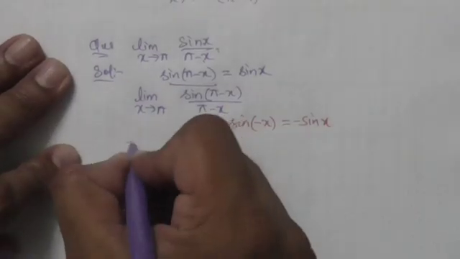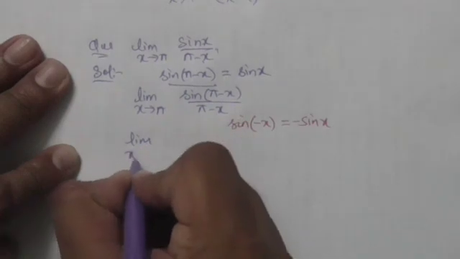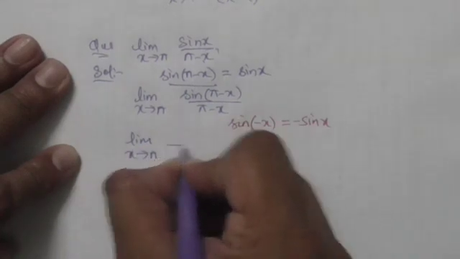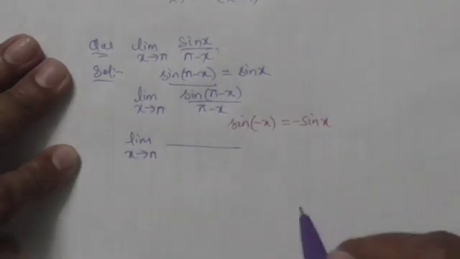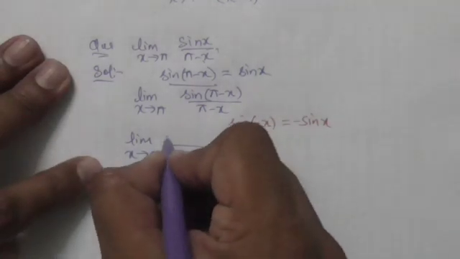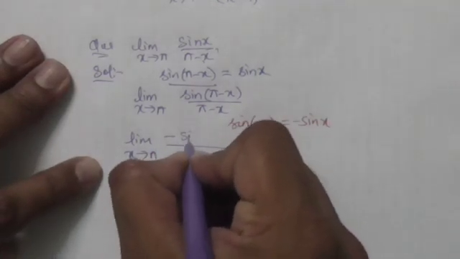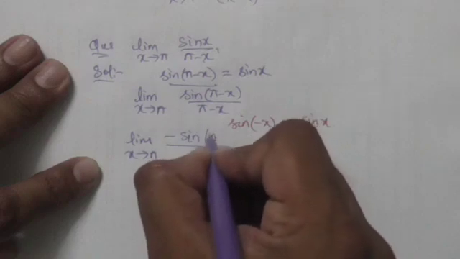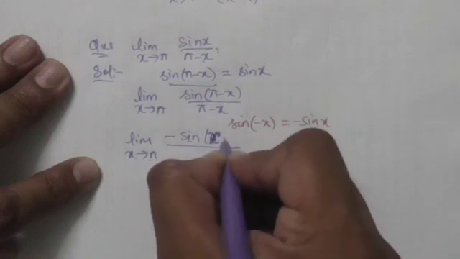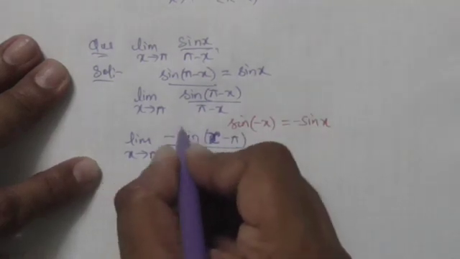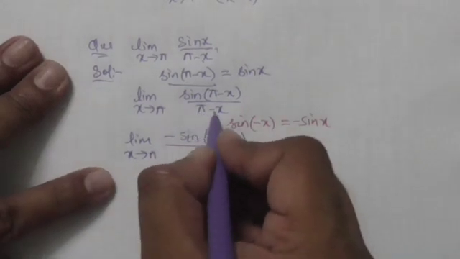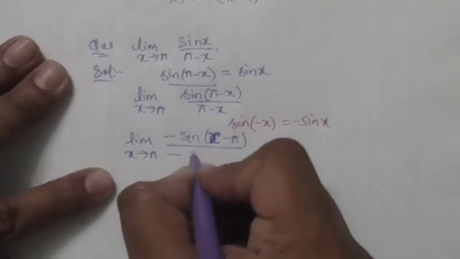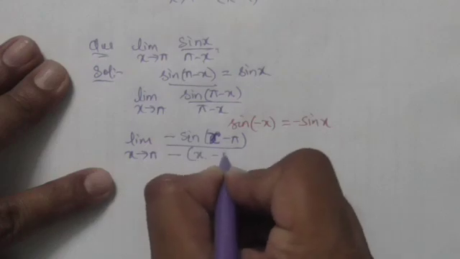So sin(pi minus x) can be written as minus sin(x minus pi), and in the denominator we can write pi minus x as minus (x minus pi).